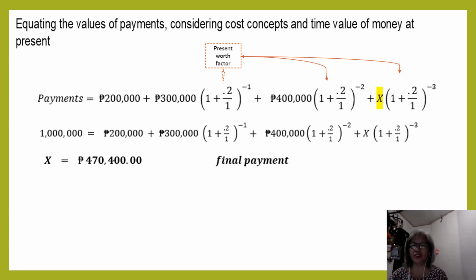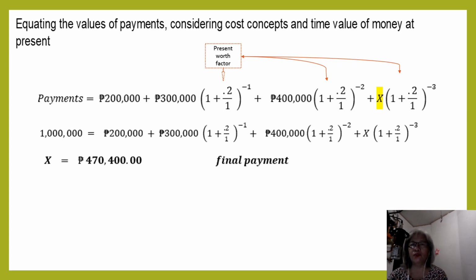You have the present worth of 200,000 at year 0. What is then the present worth of 300,000 that is to be paid after 1 year, at year 0? This is the present worth factor. Plus 400,000 being paid after 2 years. What is the present worth of 400,000 at year 0? Again, this is the present worth factor.